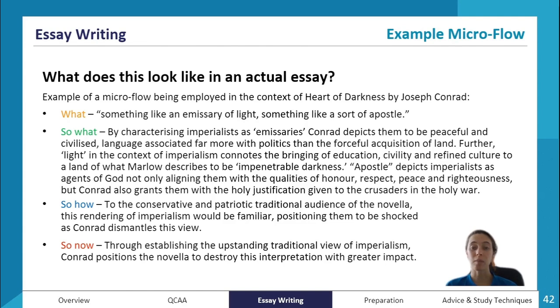So this depicts imperialists as agents of God, not only aligning them with the qualities of honor, respect, peace, and righteousness, but Conrad also grants them with the holy justification given to the Crusaders in the Holy War.